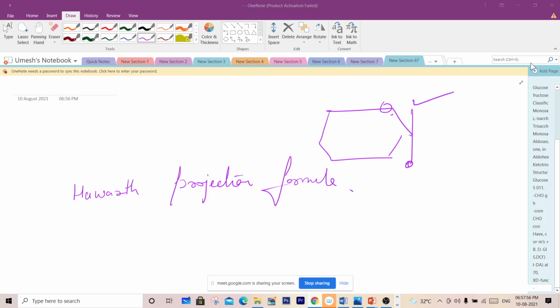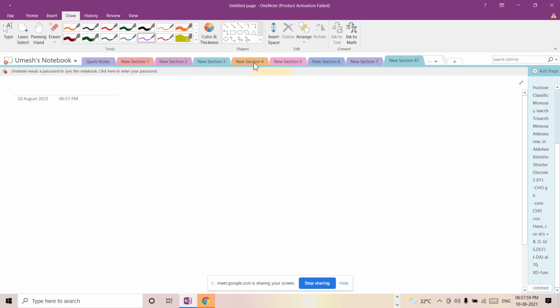Then we have another structure. Monosaccharide we have done. Now talking about the disaccharide.